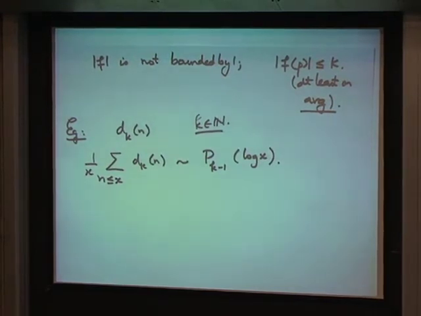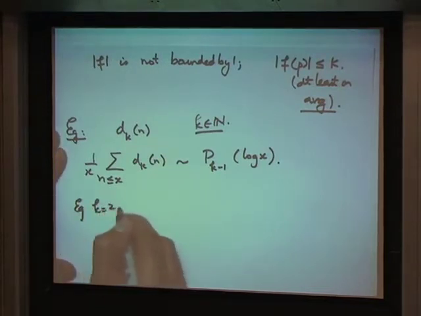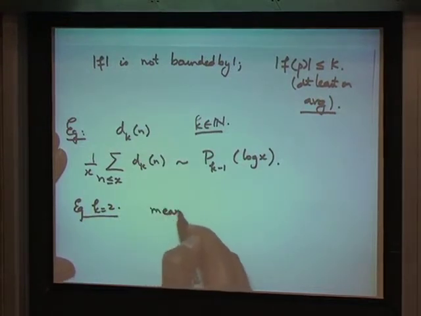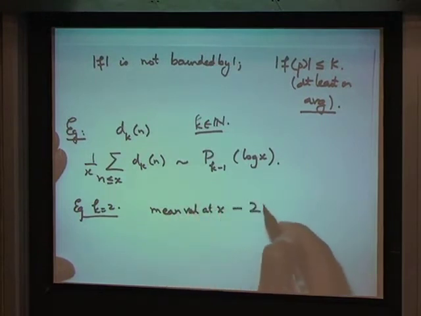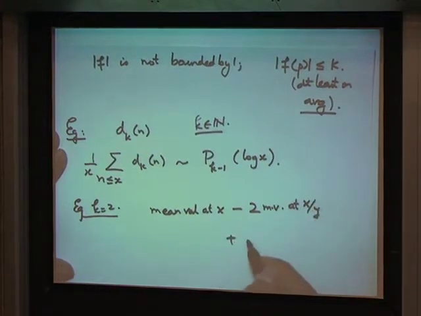Okay? But you can do something more clever. Say if I have k equals 2, instead of just taking the mean value at x and the mean value at x over y, I can do something like take the mean value at x and subtract 2 times the mean value at x over y, and then add back 1 times the mean value at x over y squared.